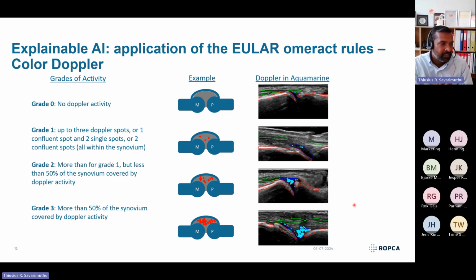Another thing that is crucial is that we have a way of detecting whether the images taken from the joints are of sufficient quality, and also whether the disease activities we see in the images, how to actually grade those.